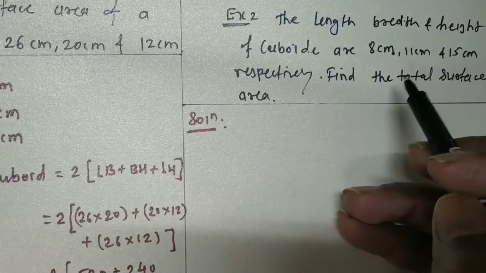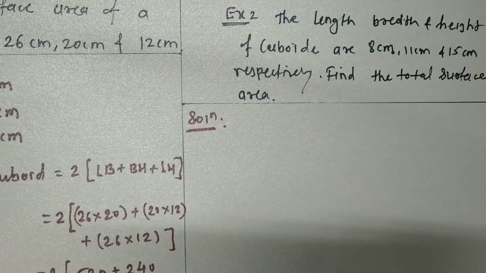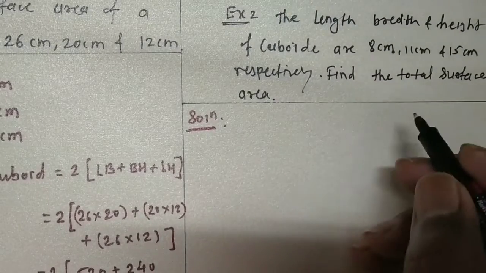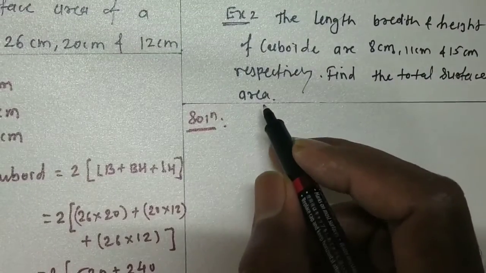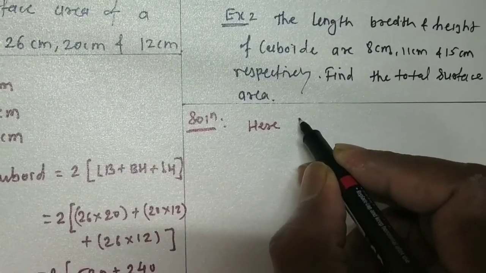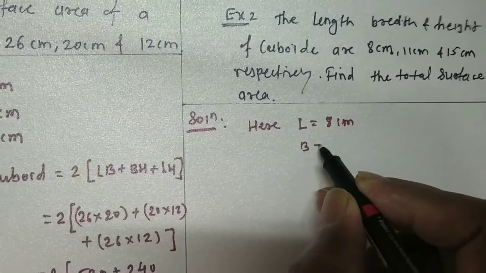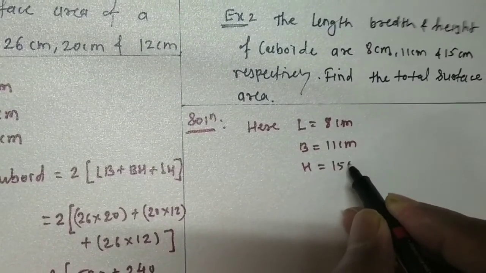Then find the total surface area. Total surface area means the surface area of the cuboid. Here length is 8 centimeter, breadth is 11 centimeter, and height is 15 centimeter.